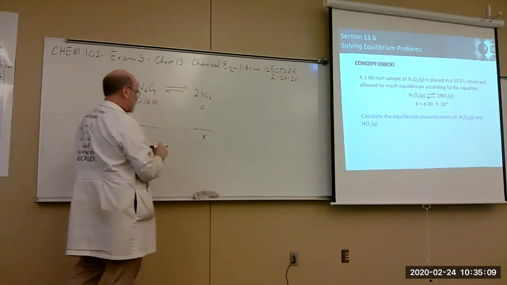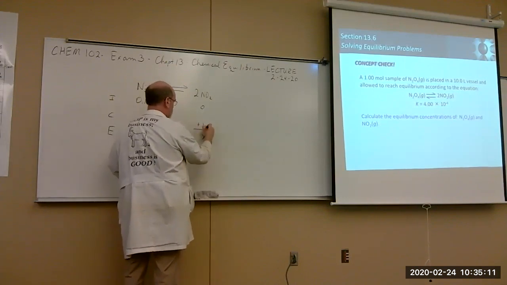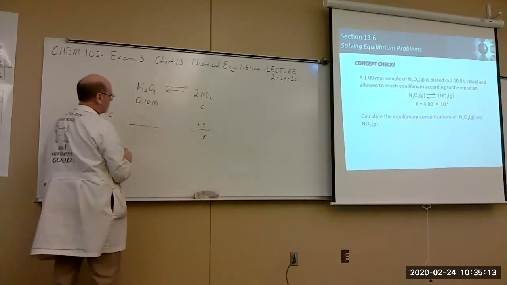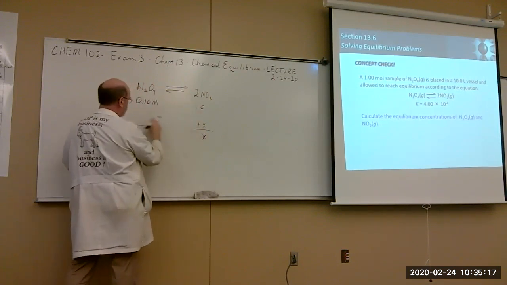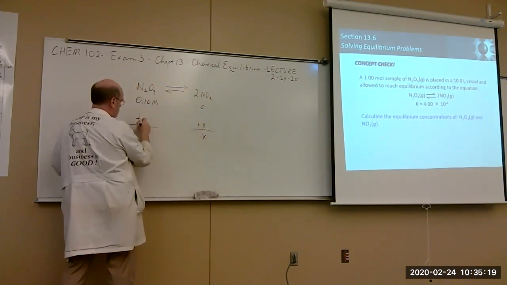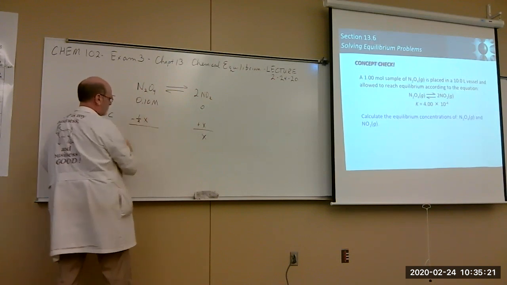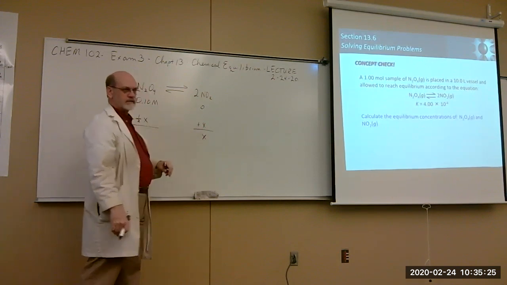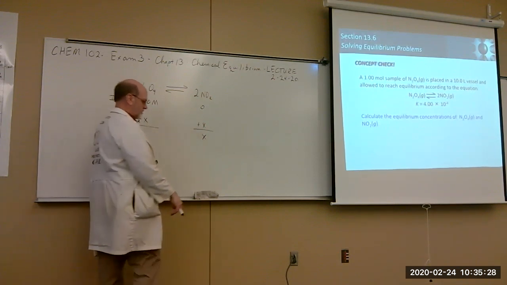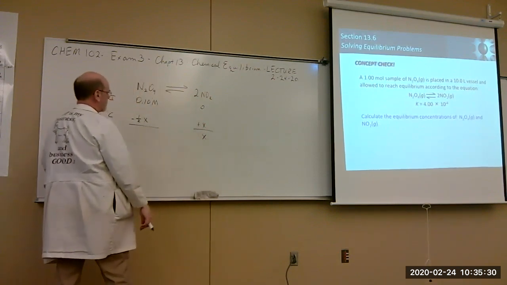All right, so what's the change? Well, this one added X. Where did it come from? Well, if this is 2, then this one has to be a half an X, doesn't it? Because for every one of these, you get 2 of those. Yep.